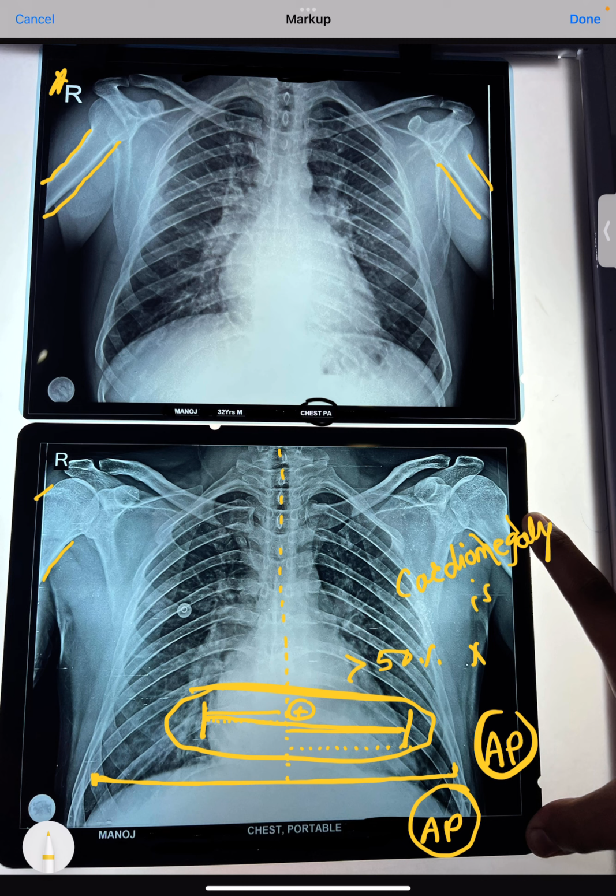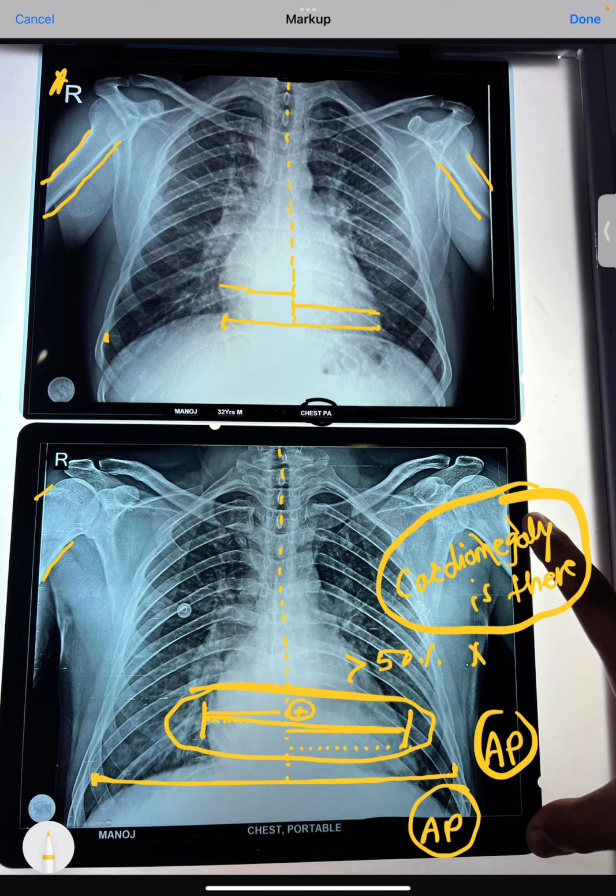But the same patient, same X-ray, in posterior anterior view, when we see the same parameter, this is the midline, and this is this plus this. These are the two diameters, and overall this is the diameter.